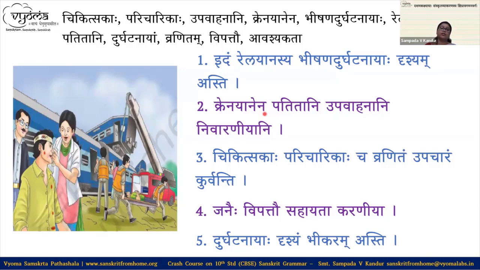Then what can you read? What do you see here? Etat chitra kim drushyate. Man, it's very heartbreaking. Then chikitsakaha, paricharikaha, can you use these words and make a sentence? Or relayanasya durghatana, bhishana durghatana, can you use these two words and make some sentence?